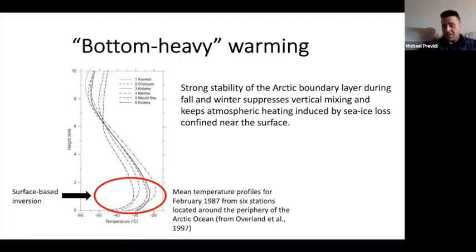And so this is another important reason why Arctic amplification occurs, because of this strong stability of the Arctic boundary layer, the Arctic lower atmosphere, that inhibits vertical mixing and keeps the heat that's released from the ocean to the atmosphere trapped near the surface.